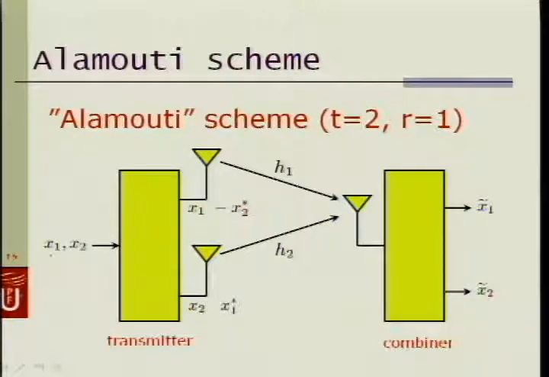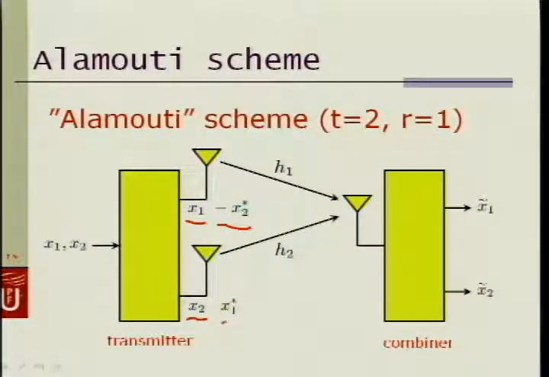We have two symbols to transmit, x1 and x2. So the coding scheme consists of the following. At the first time instant, we transmit x1 from antenna 1 and x2 from antenna 2. In the second time instant, we transmit minus x2 star and x1 star. x1 and x2 are complex symbols, so star means complex conjugate.